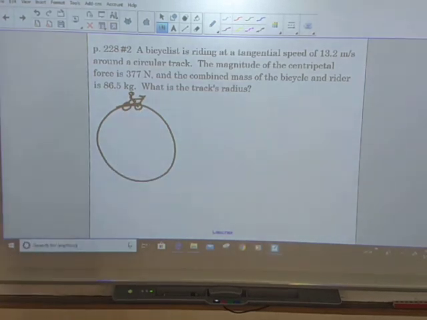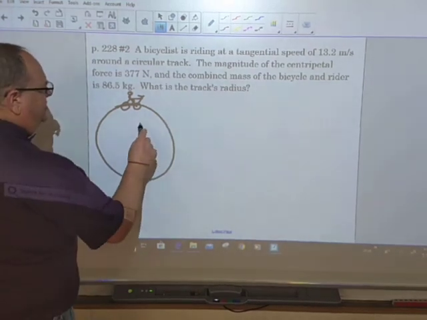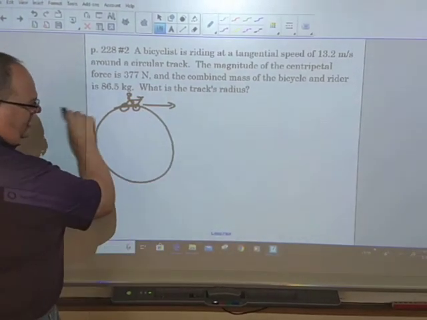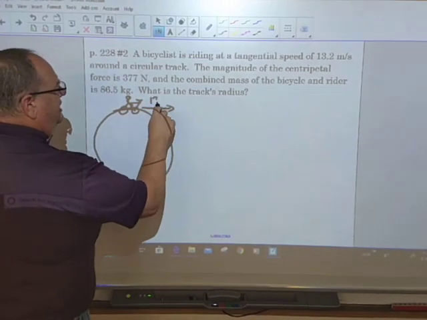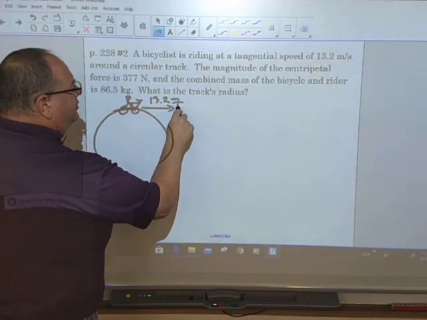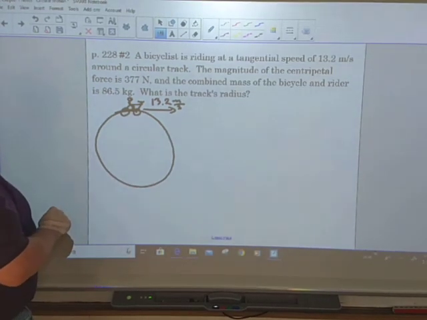All right, there's our bicyclist. Tangential speed is going tangent to the circle at 13.2 meters per second.